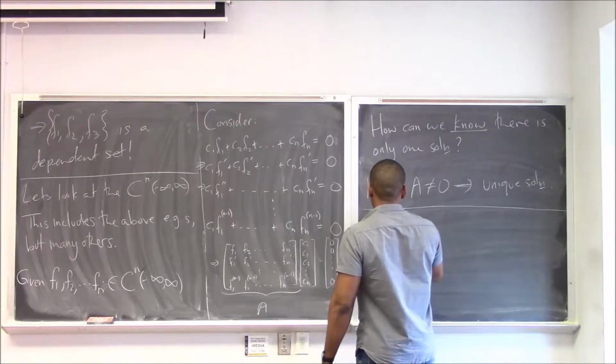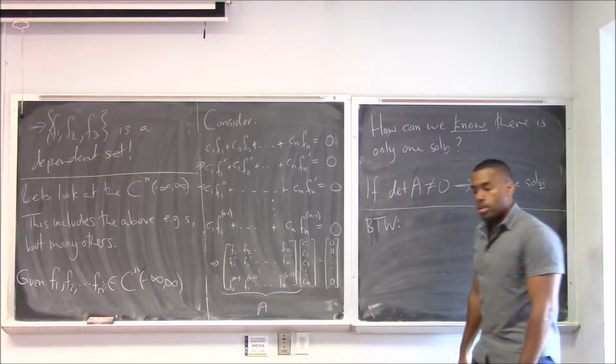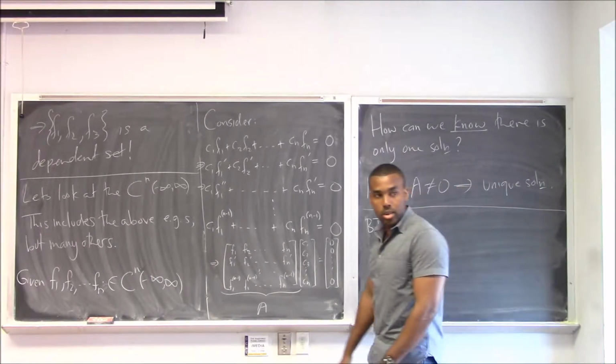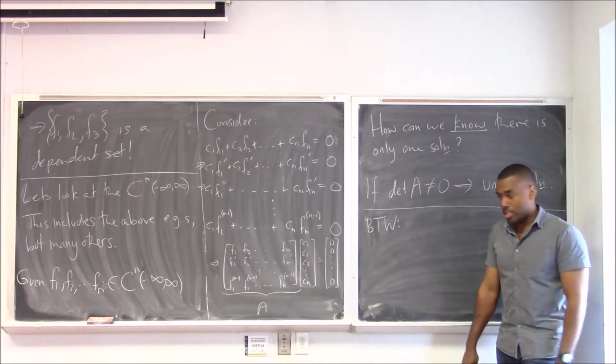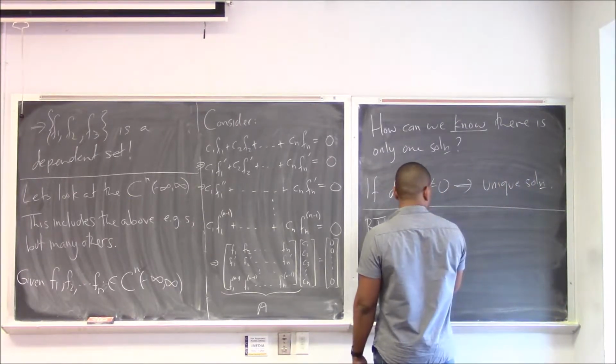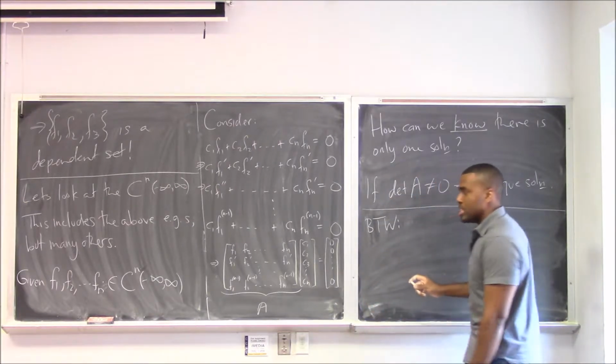By the way, this guy actually showed up in differential equations. Anyone remember what this was? The Wronskian. This is the Wronskian, named after the mathematician Wronski. I don't know if he was the first guy to recognize it, but he's who it's named after.